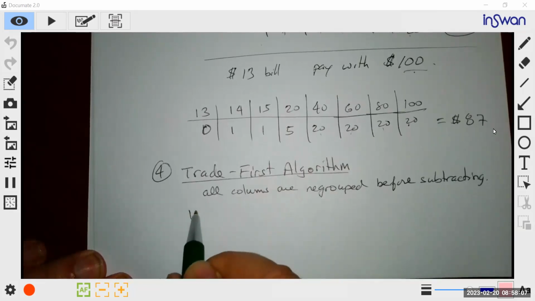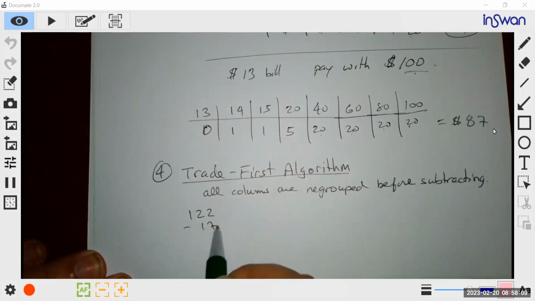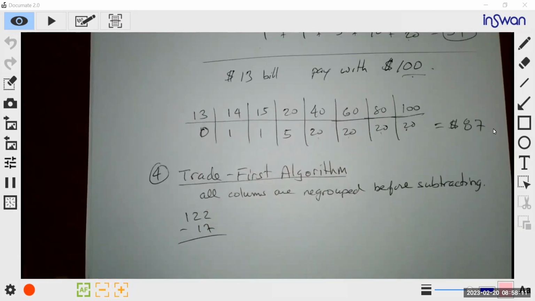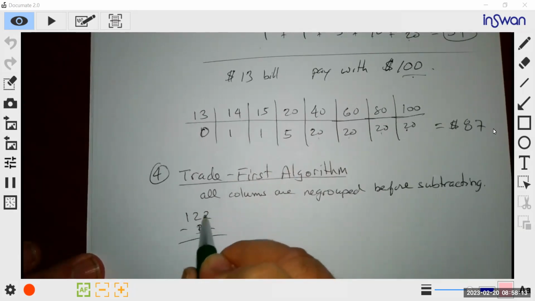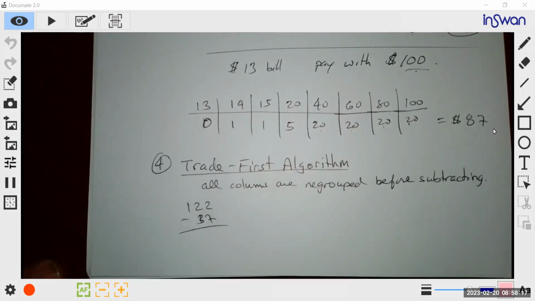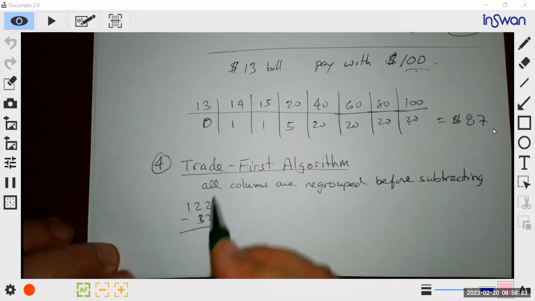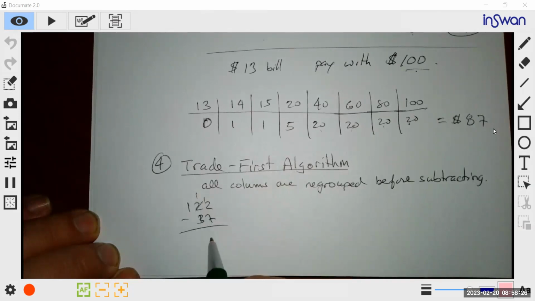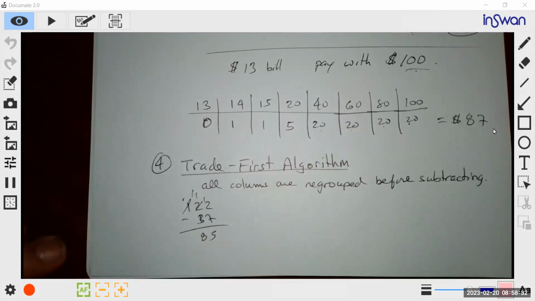Let's say we had 122 minus 17. Or make it 37. I want these to be bigger. Traditionally, how would you do it? You first borrow one from there. Then we have to borrow one from there again. So you do it as you go along.